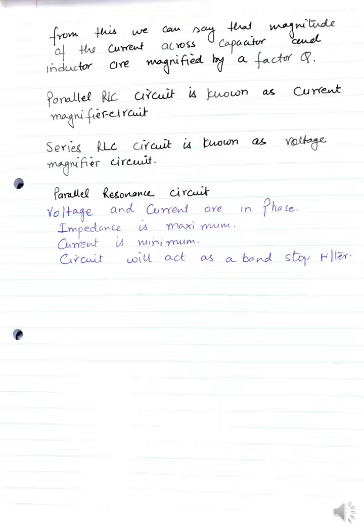Now for the test one, the basic knowledge of communication will come in the first chapter. These two, series and parallel resonance circuit, and the next topic in the course syllabus is your filters.